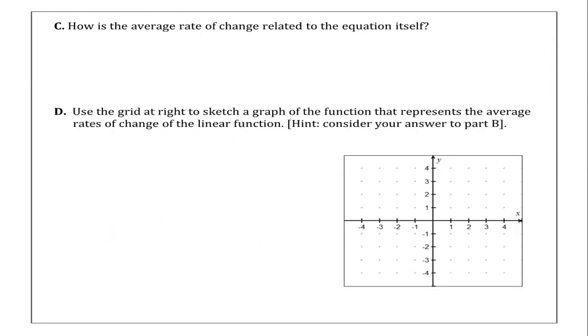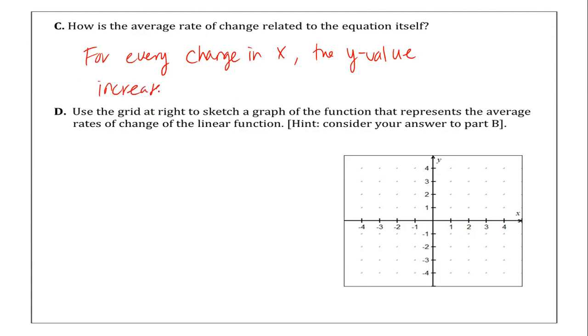How is the average rate of change related to the equation itself? For this problem, we're saying that it's going to be the same, right? So when we're going to write this in terms of explaining yourself in free response, we would write: for every change in x, the y value, is our y value increasing or decreasing?